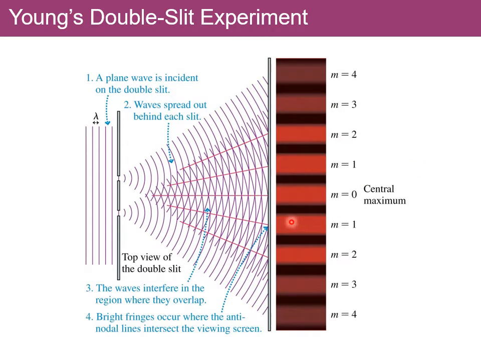Here we see a plane wave incident on the double slit. The waves then spread out behind each slit and interfere as they overlap. Projected onto the viewing screen, bright fringes appear where constructive interference occurs.